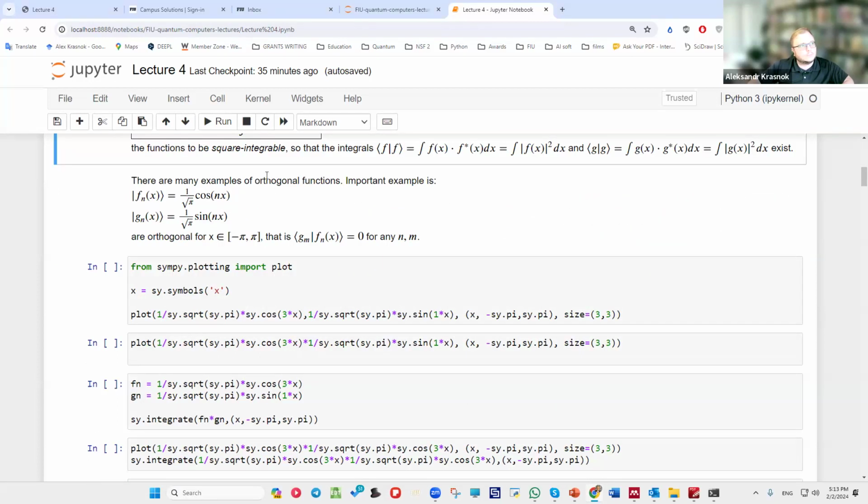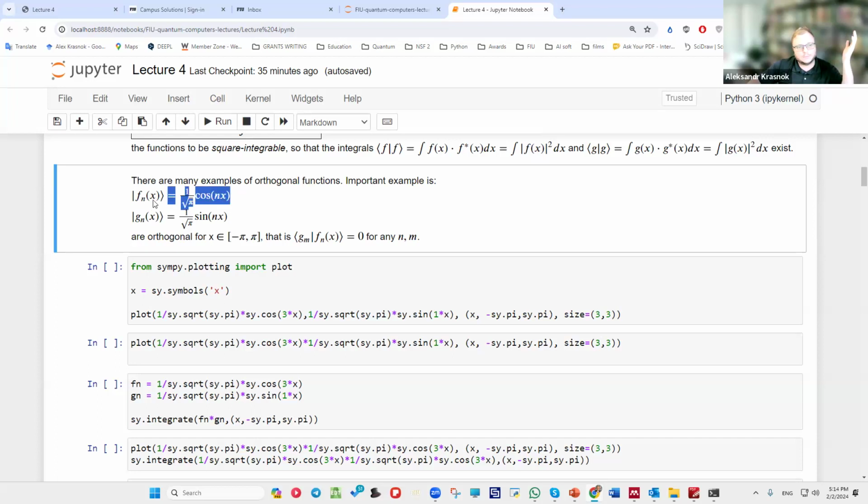We of course can figure out many examples of such functions, and here I present arguably the most important one. If I take function f of x to be equal to 1 over square root of pi times cosine nx, where x is just a real valued argument and n is an integer number, 0, 1, 2, etc.